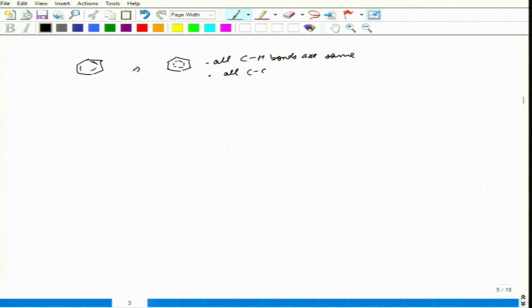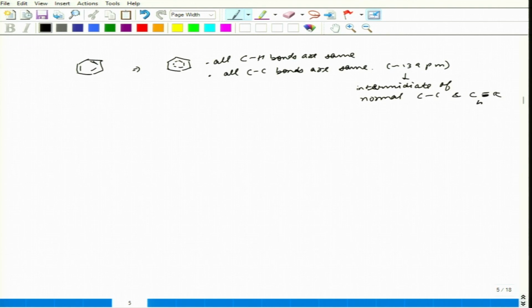Second, all CC bonds are same. It is around 139 picometer, intermediate of normal CC single bond and C double bond C.